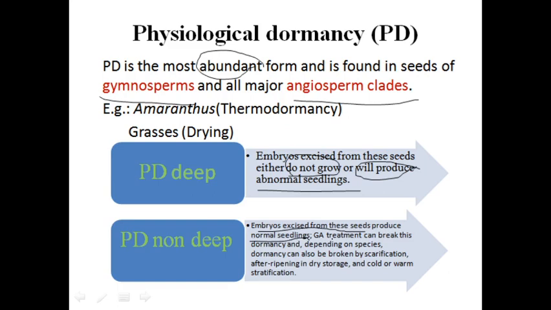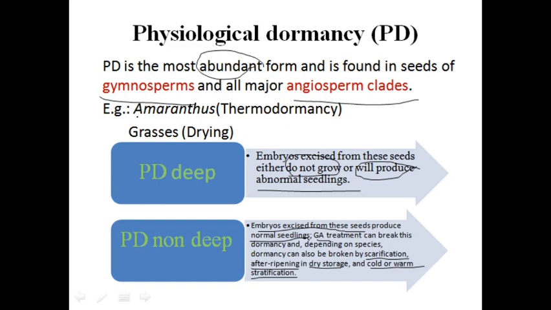Sometimes there is a need for treatments or growth hormones like gibberellic acid, or sometimes scarification or after-ripening in dry storage, or cold or warm stratification results in the breaking of dormancy. A better example for physiological dormancy is Amaranthus.